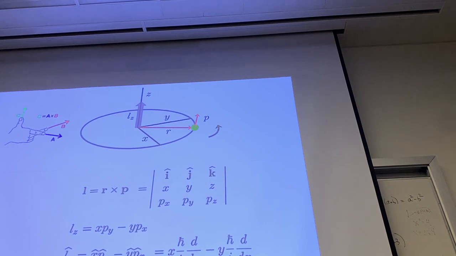It looks pretty clean. H bar over i, and then the first order derivative with respect to phi. This looks just like momentum in terms of x, but now the phi is taking the place of x. So very similar.